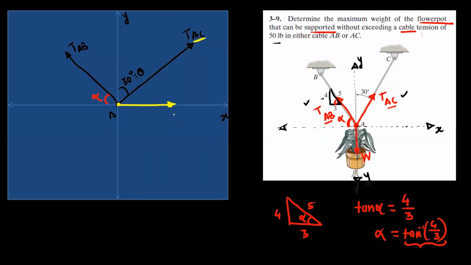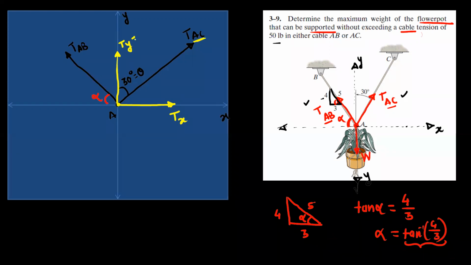So this is the x component, which I will write as Tx, and this is the y component, Ty. Now the x component is opposite to angle theta and the y component is adjacent.